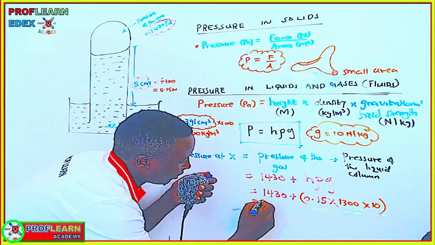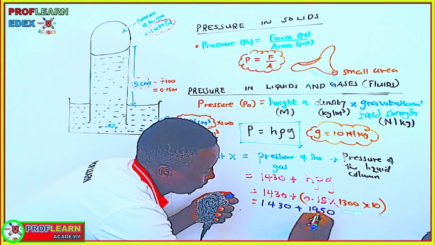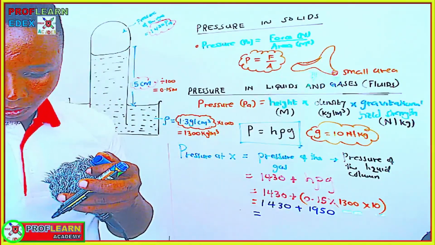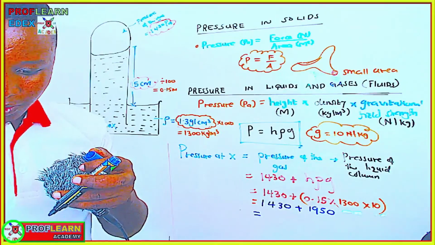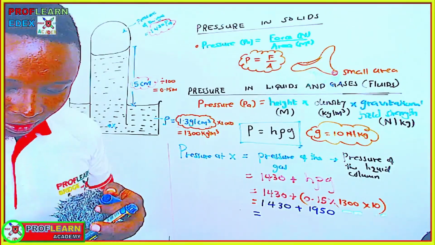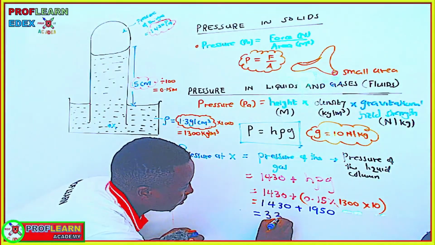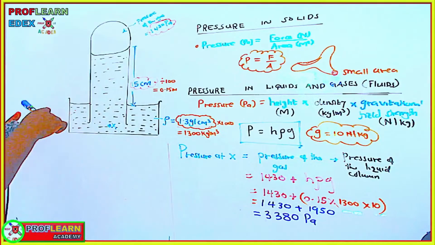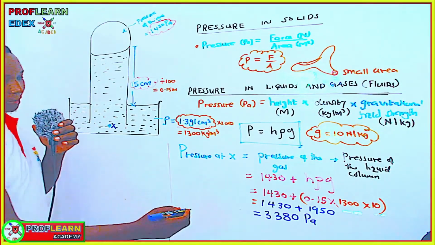So this is actually 1430 plus 1950. If we add the two, this becomes 3380 pascals. So the pressure at point X is 3380 pascals.